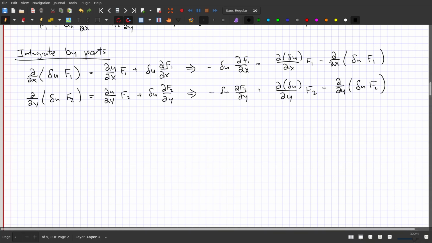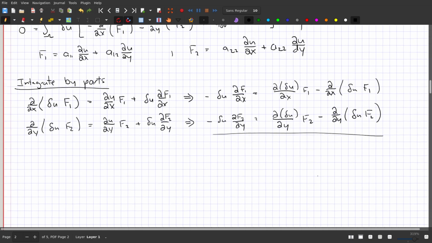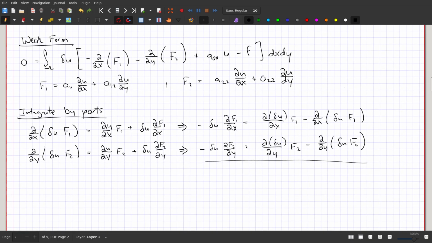So we'll use those identities. We'll substitute the right-hand sides for the left-hand side terms into the expression above. So where we have partial u partial x times F1, this term, we'll replace it with this. And likewise for F2.